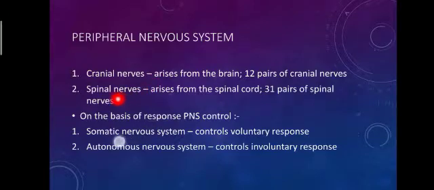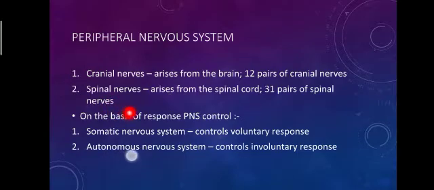Now, the next type of nerve is spinal nerves. Spinal nerves arise from the spinal cord. It means if the stimulus is received by the sensory structure in the hand, that will be first transmitted to the spinal cord, and then from the spinal cord it is sent to the brain.